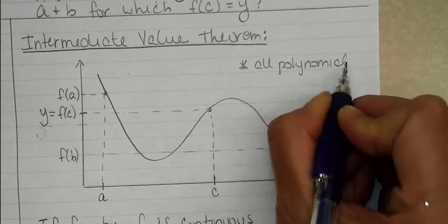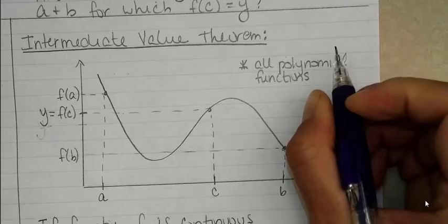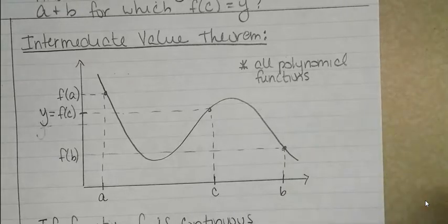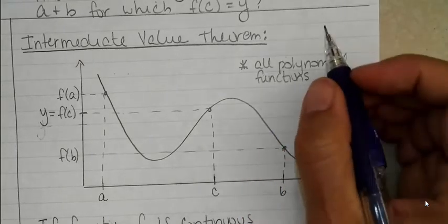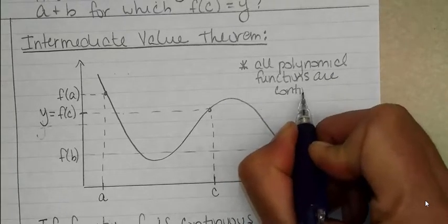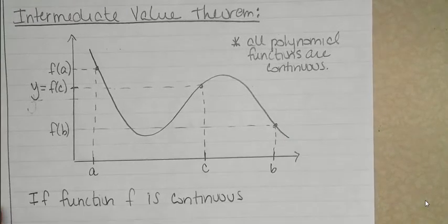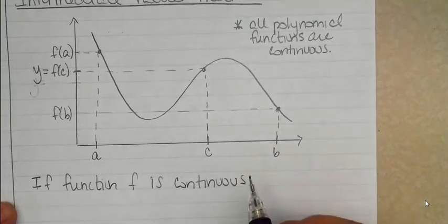All polynomial functions, so not rational, but all polynomial functions, so the rational were the ones with the fractions, but all other polynomial functions are continuous.